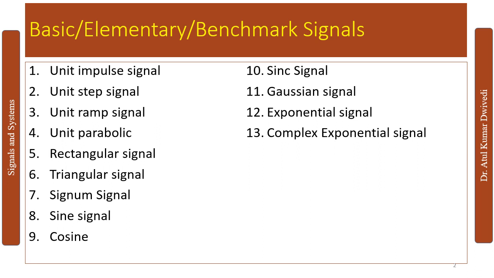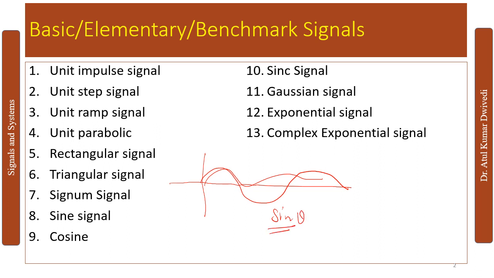Earlier, scientists and engineers used to measure everything with the help of trigonometry, and sine theta and cos theta were in the picture. They were happy with sine theta and cos theta.